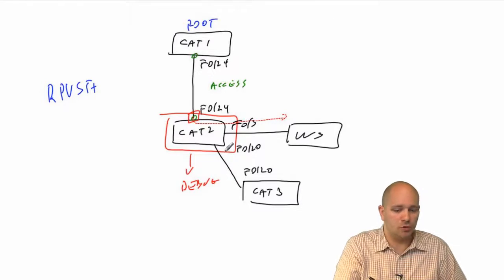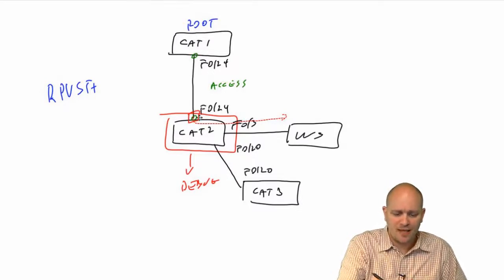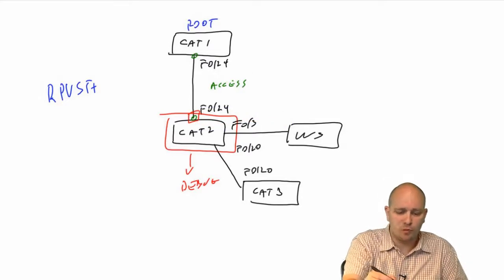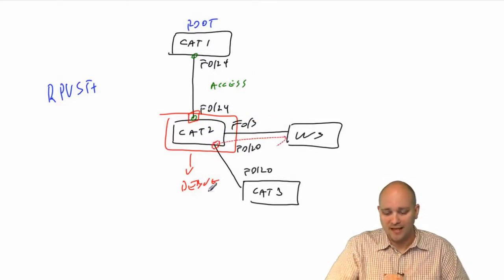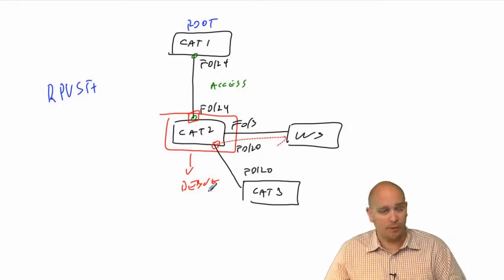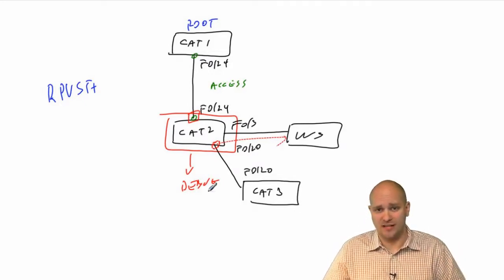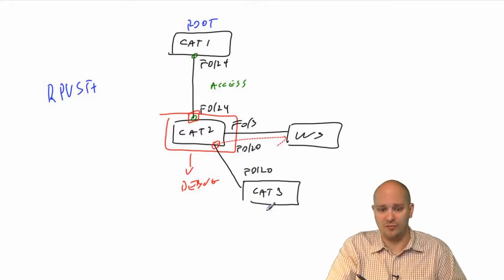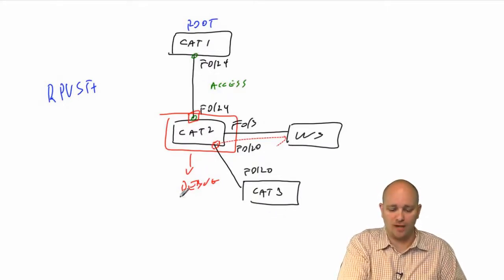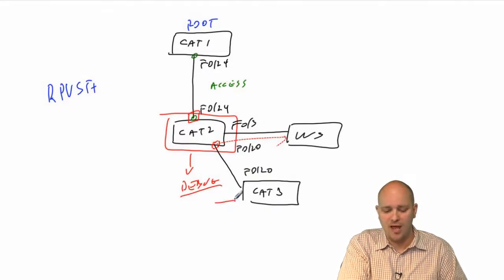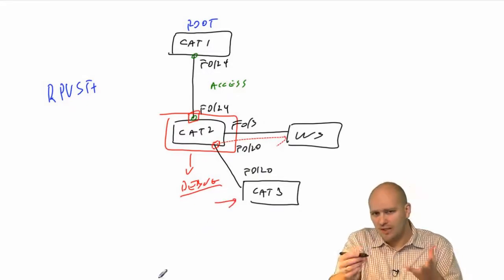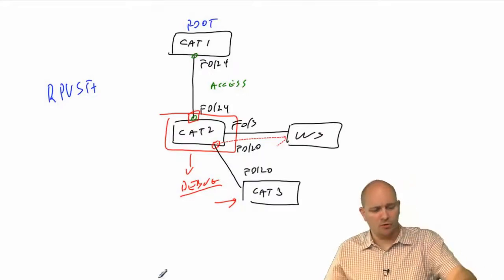But what I am going to change is the configuration of my span. Now I'm going to modify it to get the traffic from this port and send it to Wireshark, because I want to see these proposals and agreements as they are communicated between Cat2 and Cat3. I'm also going to keep running my debugs here on Cat2, and I'm going to enable similar debugs on Cat3. So let's go ahead and configure this.